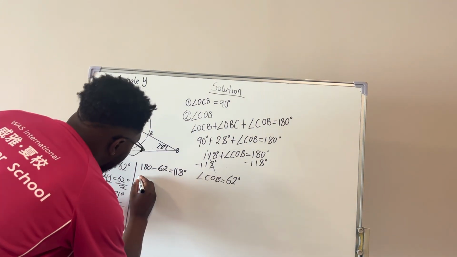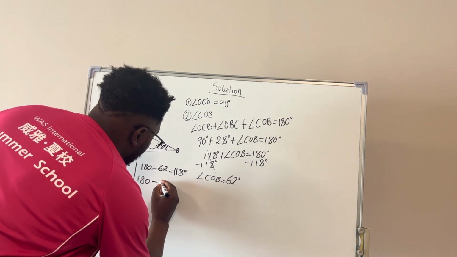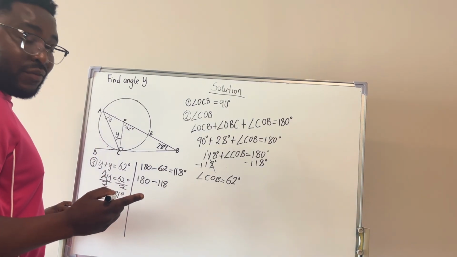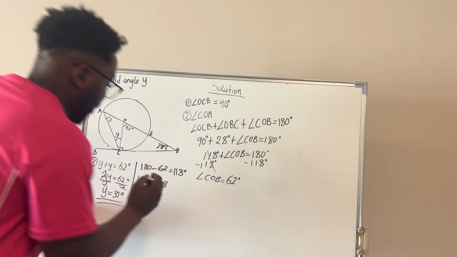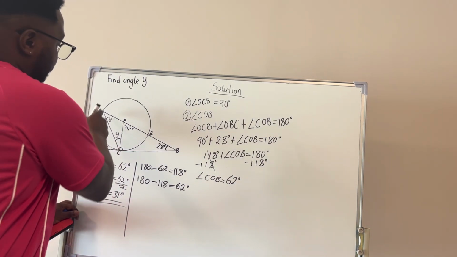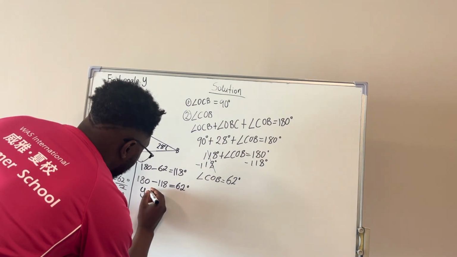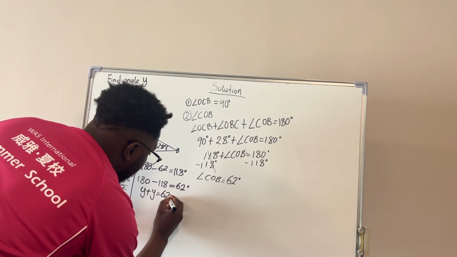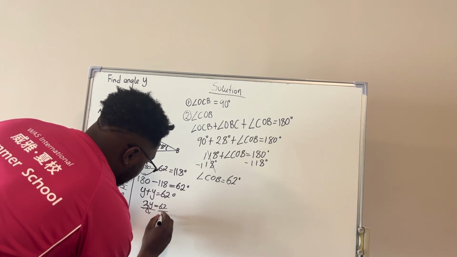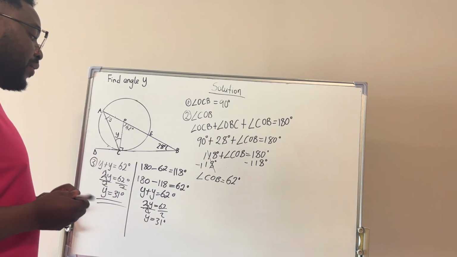First let's get 180 minus 118. What would that give us? That will give us 62. And we have our two base angles, which should be equal. So it will still be y plus y equal to 62, that is 2y equal to 62. And what does that give us? That will still give us 31 degrees over there.